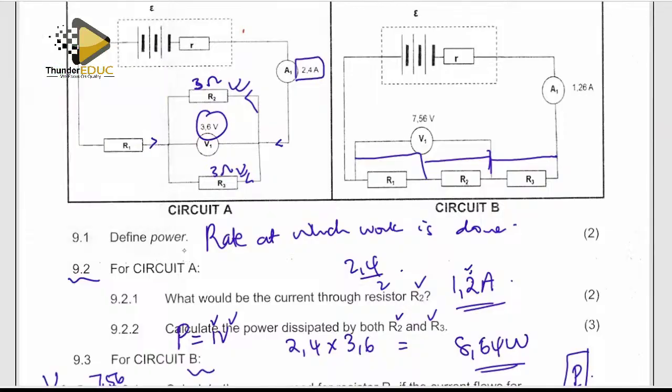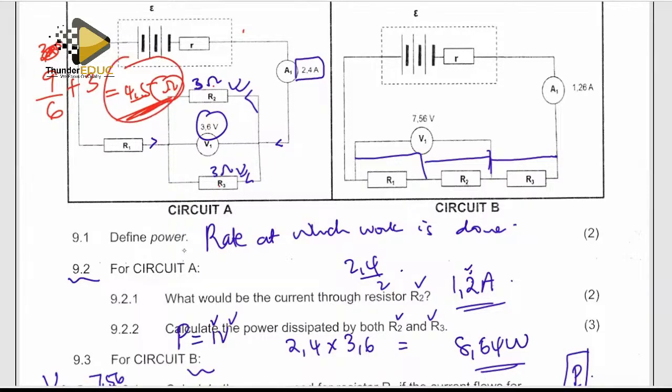If this is a 3 and this is a 3, the effective resistance in circuit A is going to be product over sum. So it's 9 over 6 plus the 3, that's 18 plus 9, which is 27, and dividing by 6 gives 4.5 ohms.